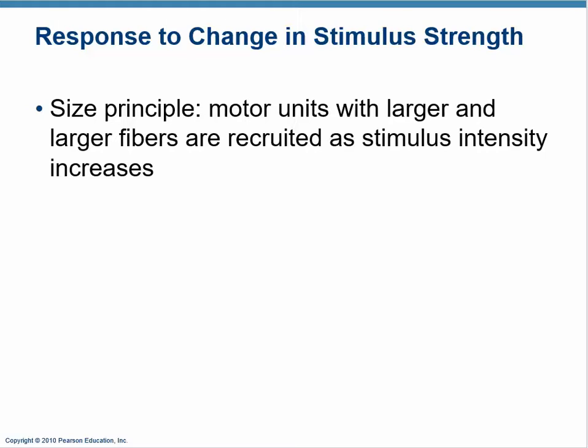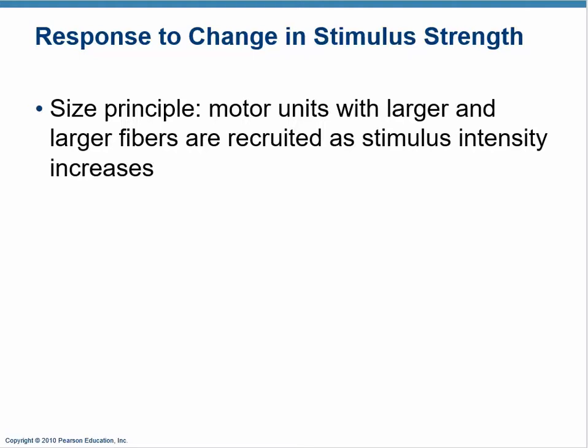Bigger motor units get recruited last. Small motor units get recruited first. That makes sense because you want to use exactly the number of motor units it takes to achieve the goal. You don't want to recruit big motor units first because they might just exceed the need, and you're expending energy that you don't need, and you're over-moving the load.